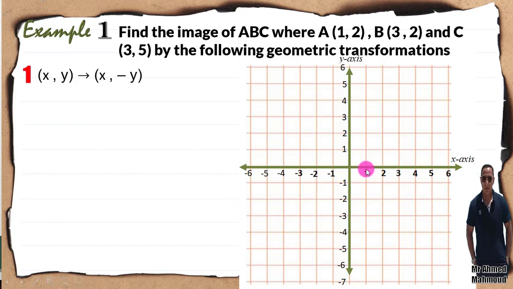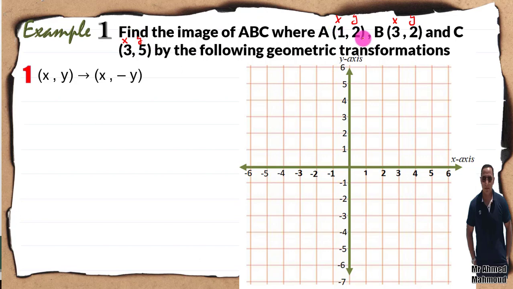Here on this line I write 1, on this line 2, on this line 3. Don't leave any line. And here also in the negative direction, on each line we write a number. Okay, first A (1, 2). Here this is x and this is y.